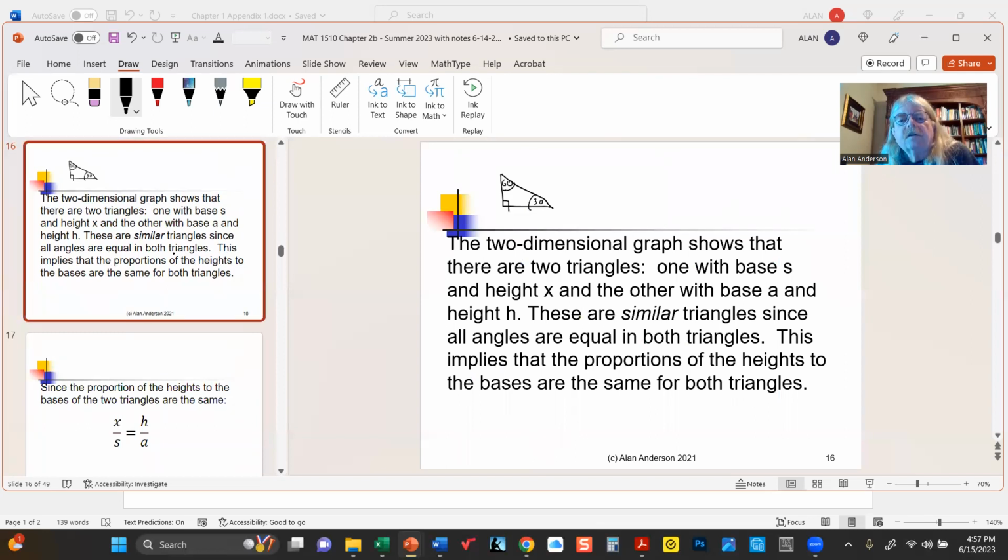The angles are 30, 60, 90. It's a 30, 60, 90 right triangle. The sides are 1, 2, radical 3. And then here's another one. 30, 60, 90. But this one is clearly bigger, right?